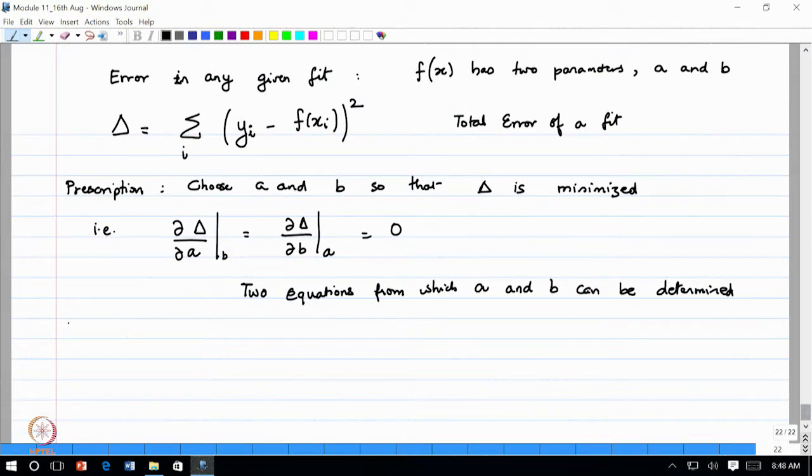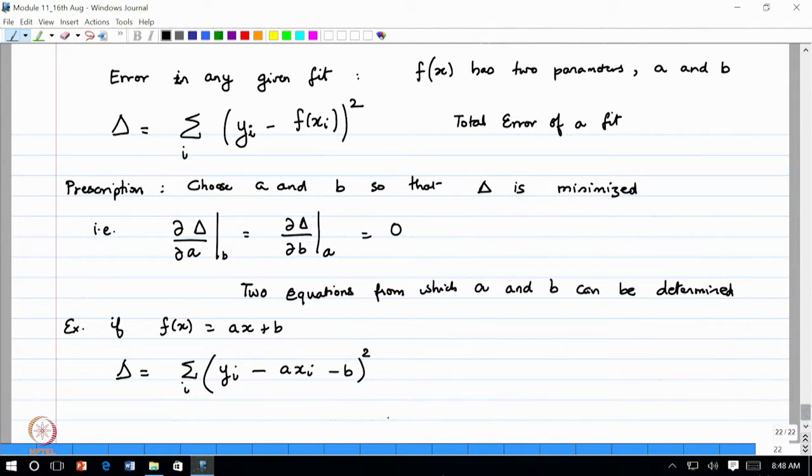So, for example, if f of x equals a x plus b, then delta is equal to the sum over i of y i minus a x i minus b, whole square.